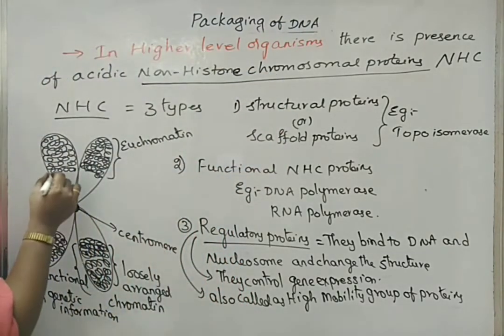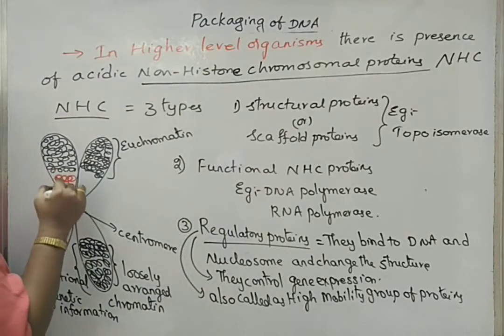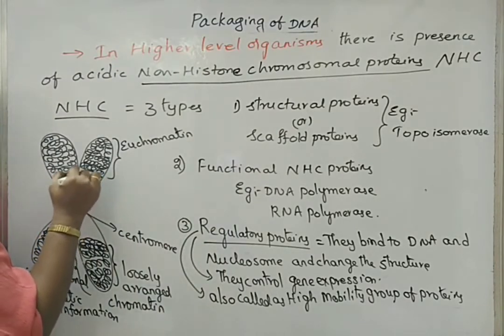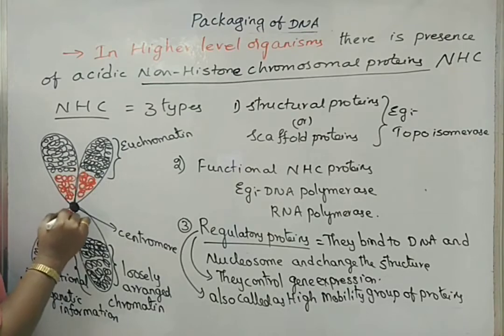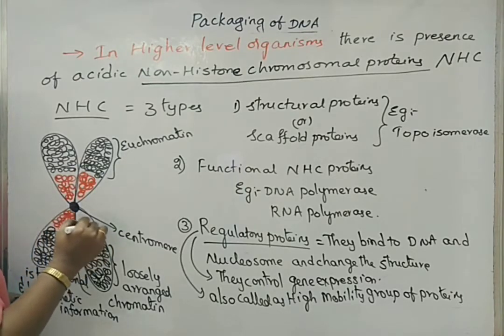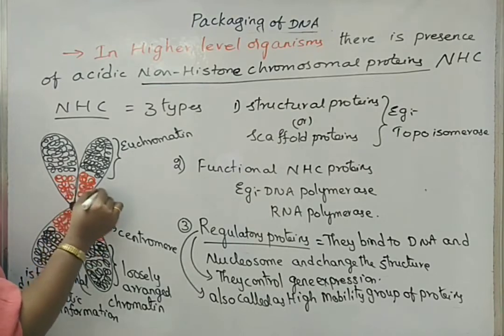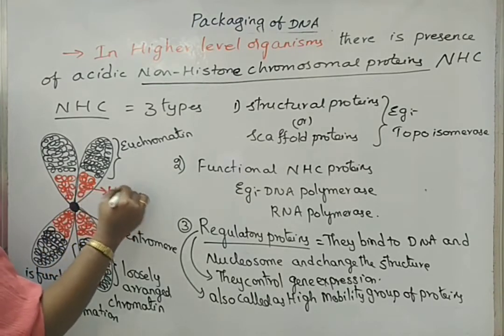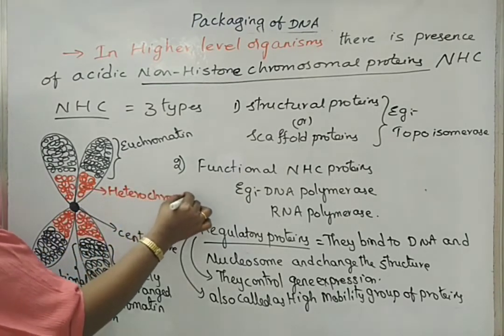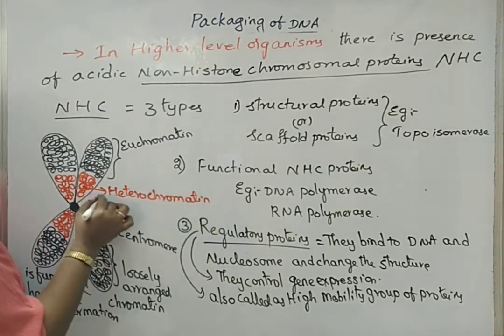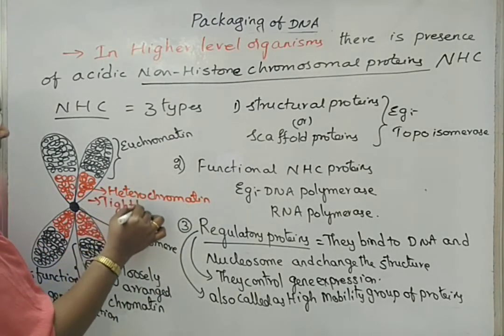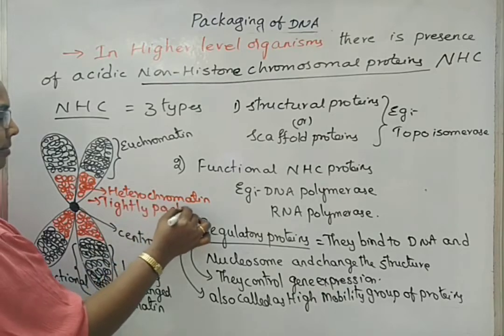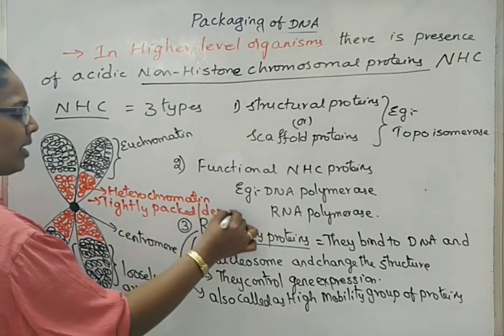This red color labeled structure is also chromatin, but it is highly thickened chromatin. This is called heterochromatin. Heterochromatin is tightly packed and dense chromatin.